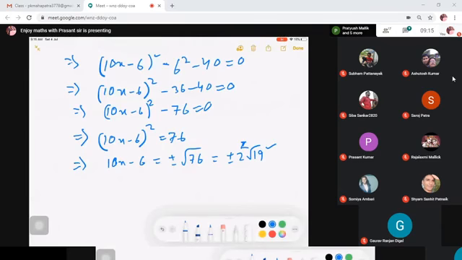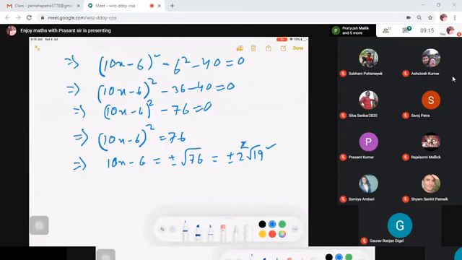That means 10x equal to 6 plus or minus 2 square root of 19, and x equal to 6 plus or minus 2 square root of 19 divided by 10. In the numerator, you can take 2 as common. It gives 3 plus or minus square root of 19 divided by 10, and that is equal to 3 plus or minus square root of 19 by 5.